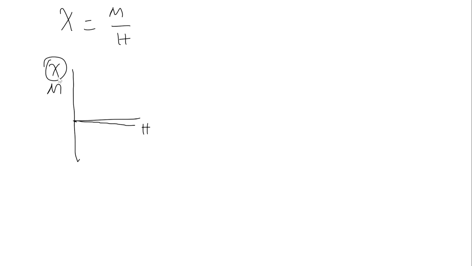Let's talk about magnetization. And susceptibility would be sort of a slope if it's a straight one. So if negative, it's diamagnet. If it's small positive, it's paramagnet, or it can be super paramagnet, or it can be ferromagnet, or it can be antiferromagnet, and whatever.